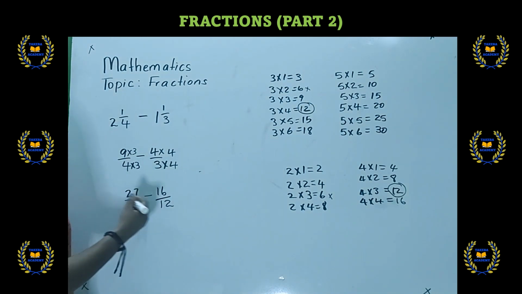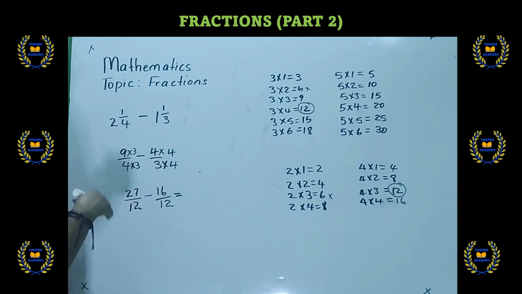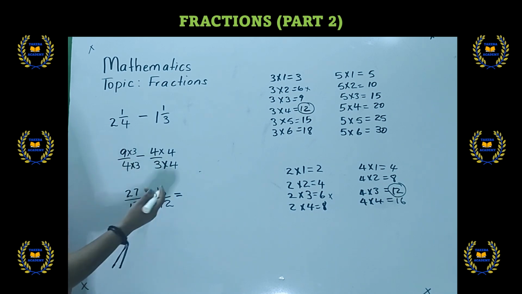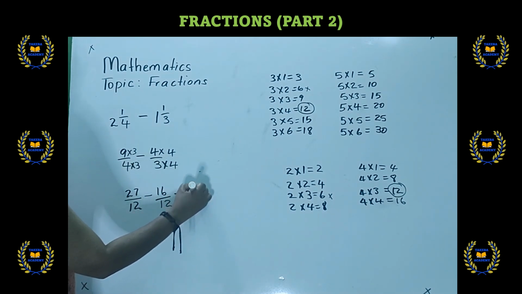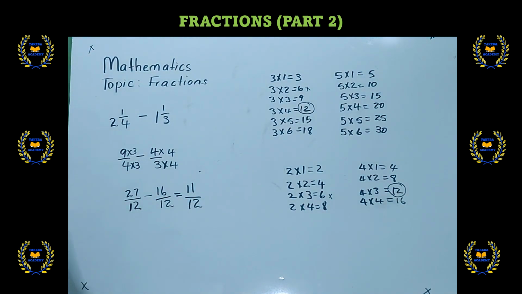So 27 take away 16, of course you can do that on paper or with your fingers or however you need to. So 27 take away 16 leaves 11, and that goes over 12. So our answer, when we subtract 2 and a quarter minus 1 and a third, is 11 over 12.